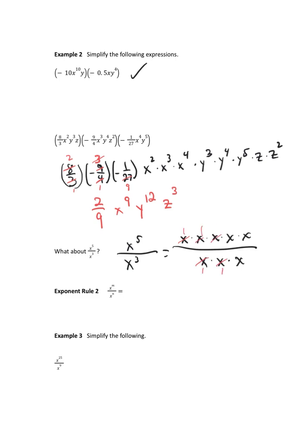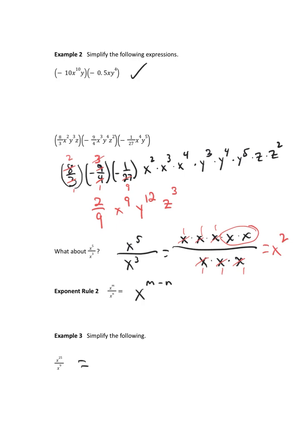Those pairs are canceling, but you're left with x squared. So you're actually dividing out 3 of those factors. In other words, you're decreasing that exponent. So you could find that by subtracting. So our property for the division would be x to the m minus n, because you're canceling, you're decreasing the number of those factors.